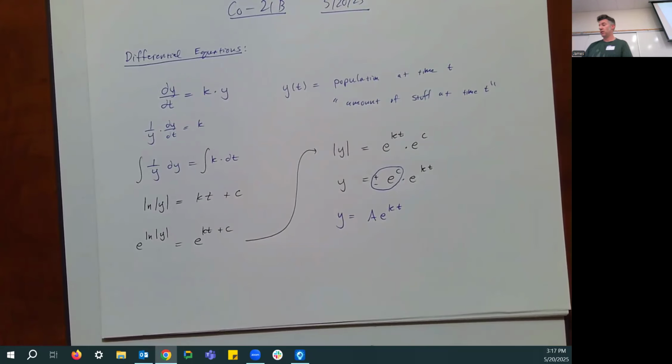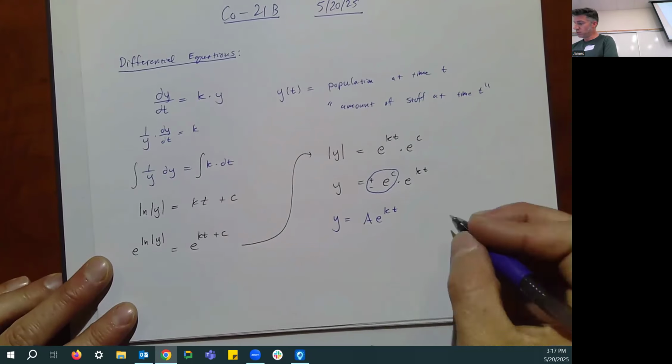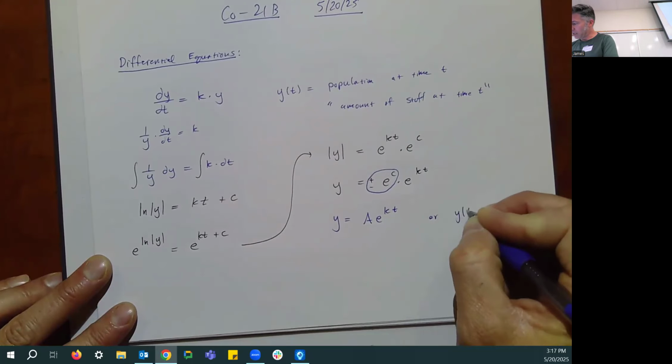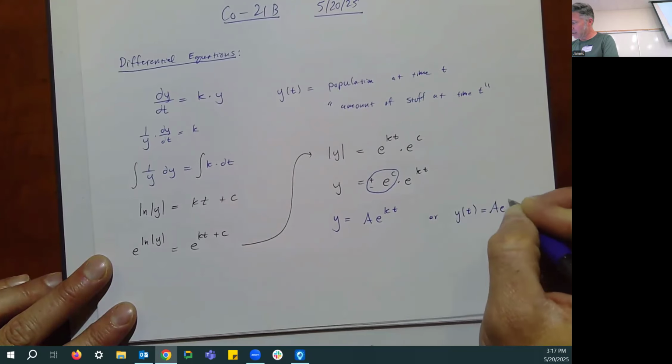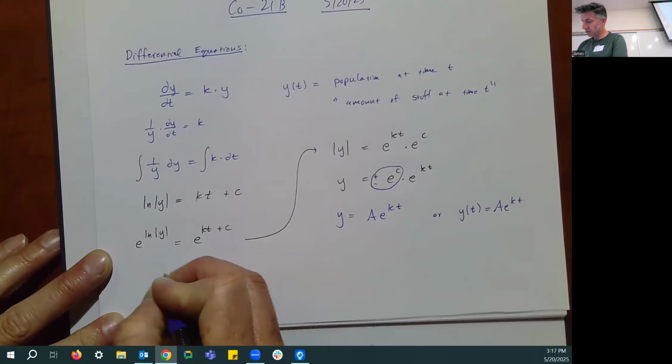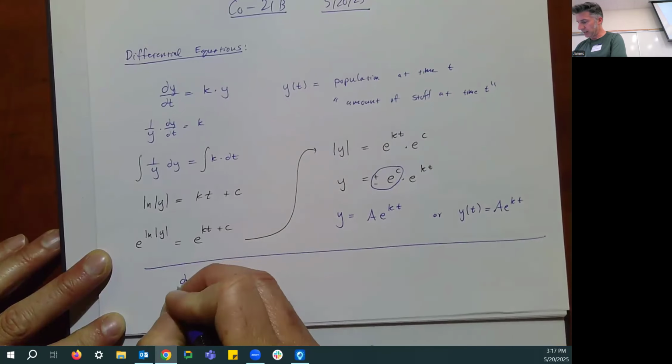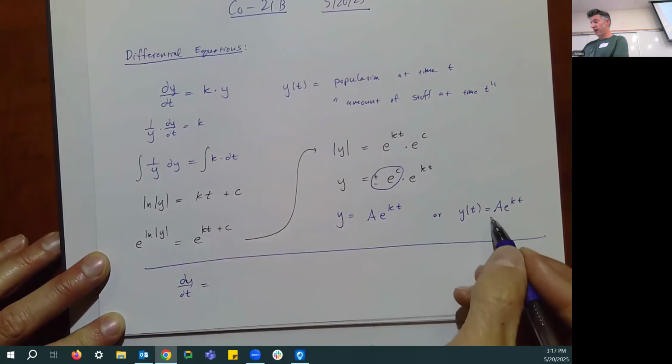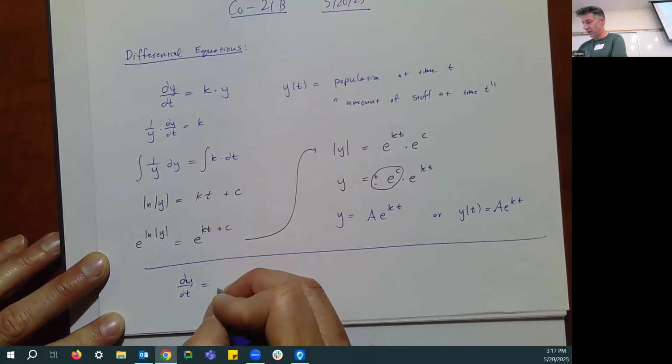But the point is, this function y of t equal to A e to the kt, where A and k are both constants, is a solution to this differential equation. You can even check it, right? If you find the derivative dy/dt, the derivative of A e to the kt is, well, the A hangs out.